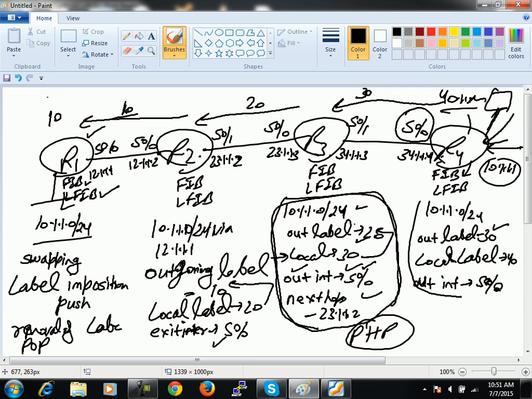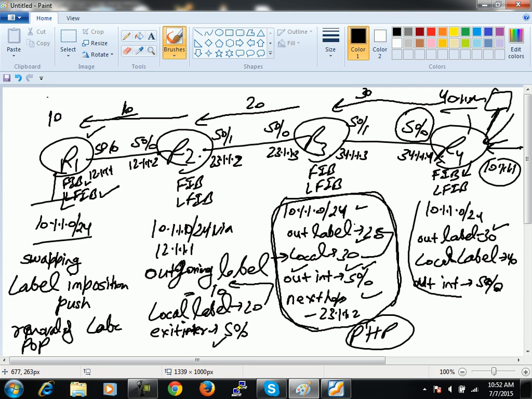That is why LSP is always unidirectional. If packets are going from one end to another, that counts as one LSP. If packets are coming back from there to here, that will be another LSP, because as you know, for each prefix there will be a different label. Try to get it now.